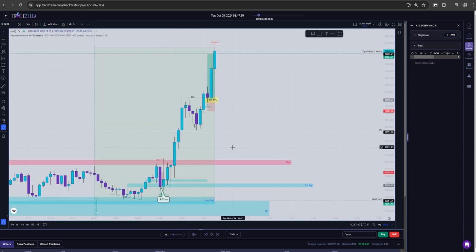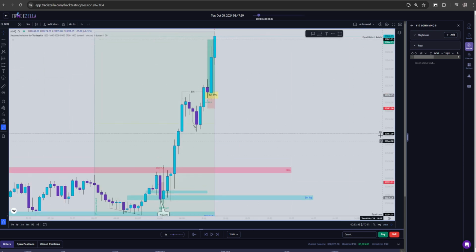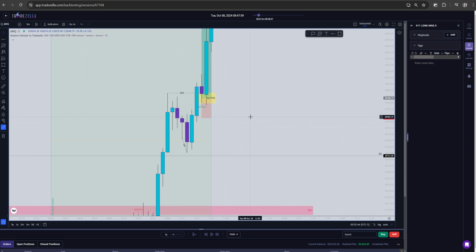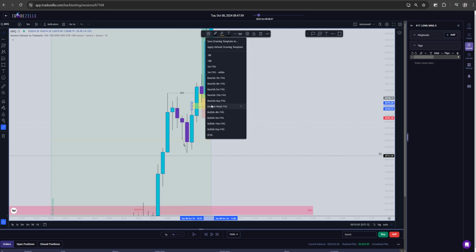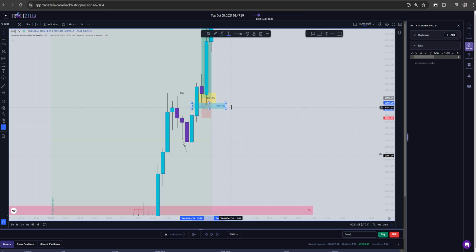the 5 minute to see what I use. Shortcut works here. So for the strategy, you gotta have a higher time frame PD array, and the 5 minute works just as good for that.